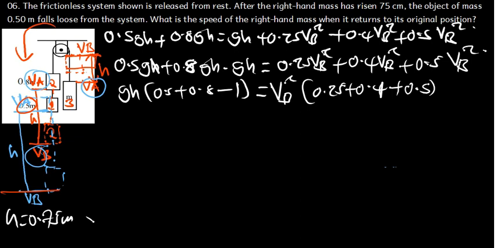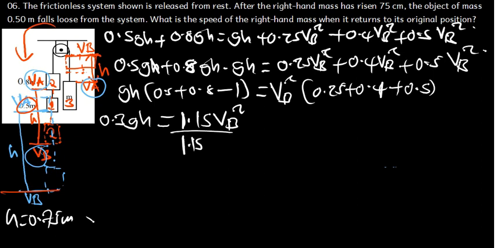Okay, I have 0.3 GH to be equal to, now I can also add what I have there, which is 0.25 plus 0.4 plus 0.5, which is giving me 1.15 VB squared. So I can divide both sides by 1.15, even here 1.15.